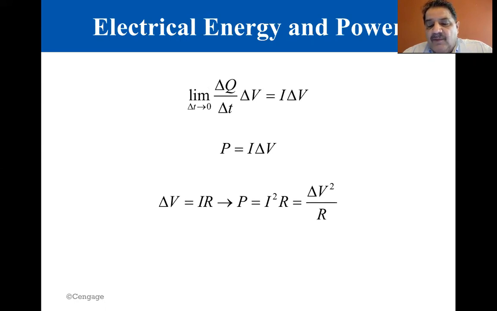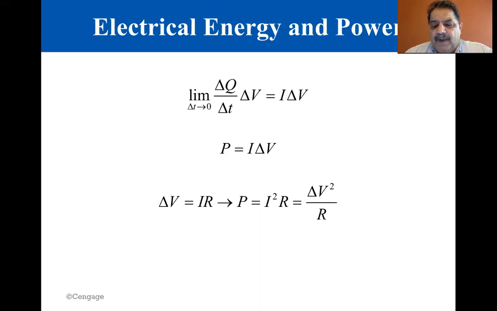The SI unit of power is the watt. So we have three forms: power equals I times delta V, power equals I squared R, and power also equals delta V squared divided by R.